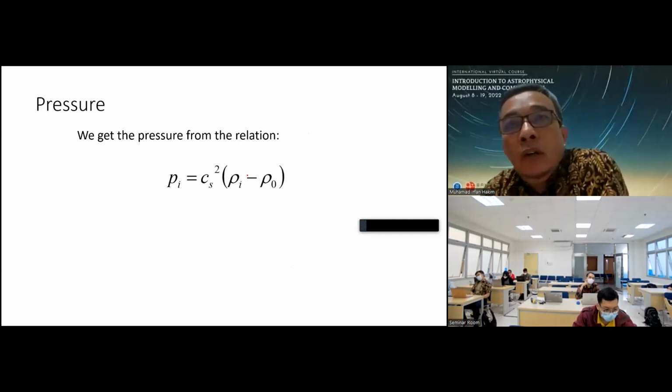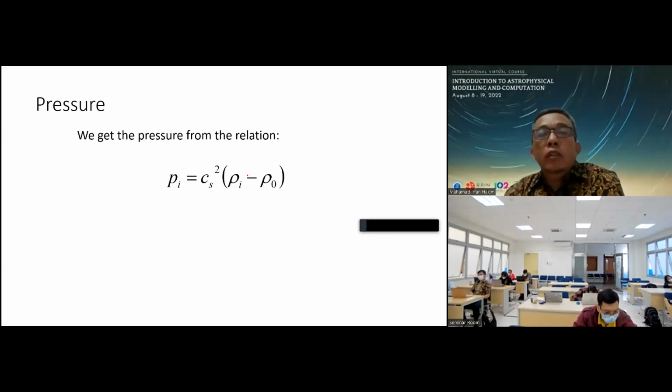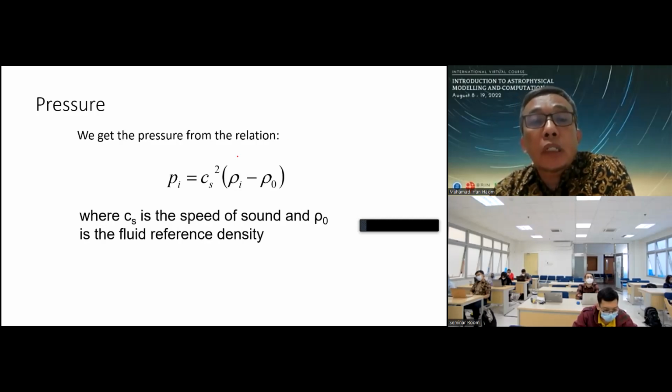One of the properties of the particles is pressure, and for an example here, we can relate it, the pressure, to an adiabatic, for example, here, pressure related to density by sound speed as a coefficient here.